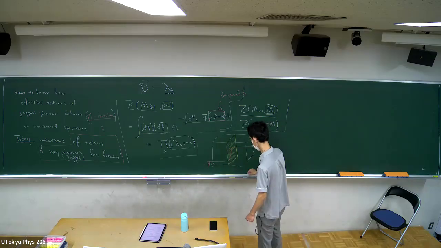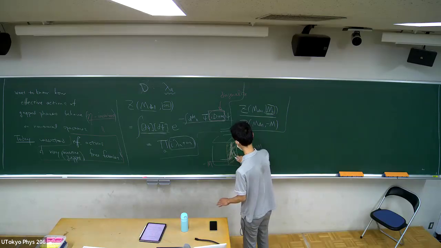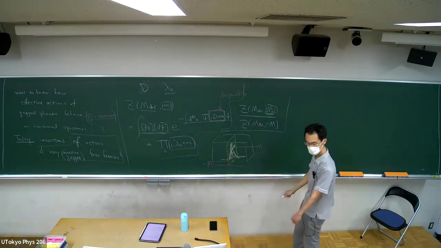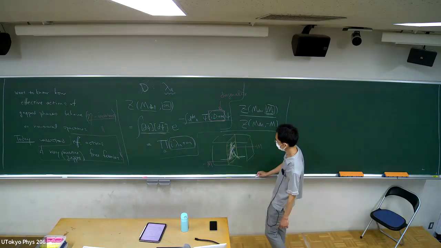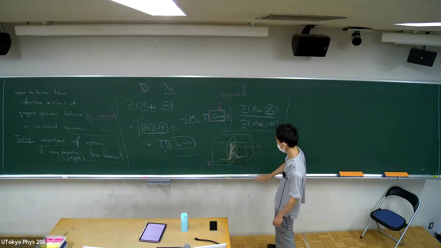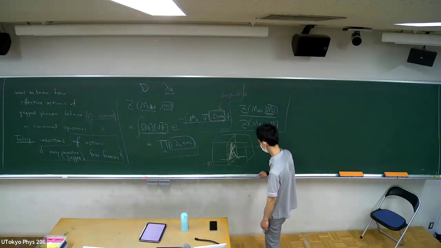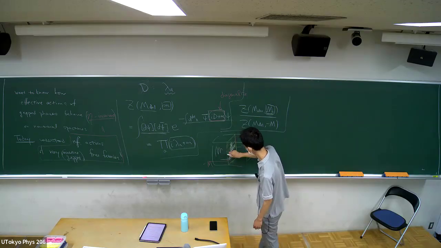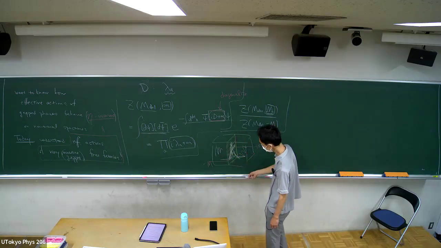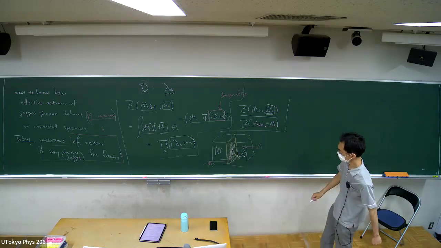And then you have localized left moving or right moving chiral modes. So the existence of these chiral modes is not just because of this very large positive mass fermion. What's important is the difference of the effective action here and there. So that difference is what causes the boundary fermion.